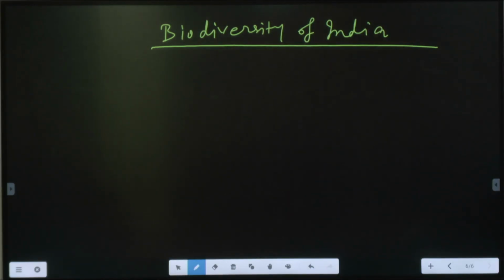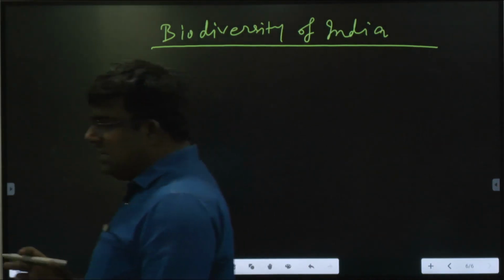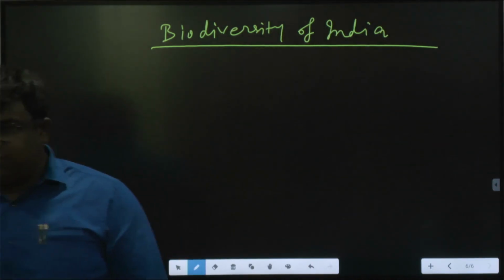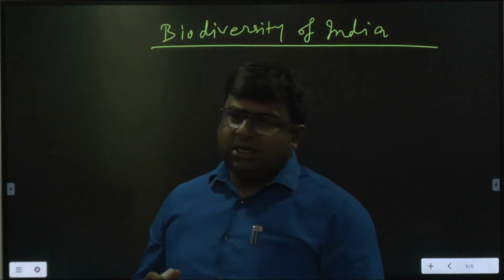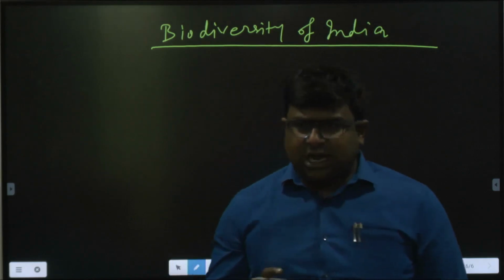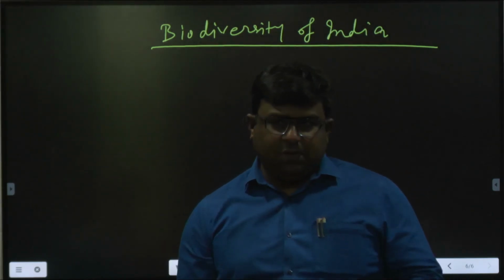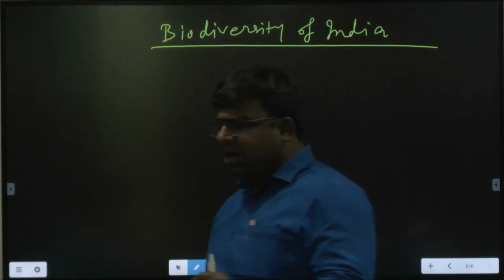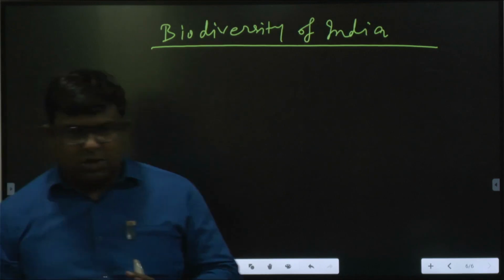So with this, we have finished the very theoretical portion of this biodiversity dimension. As I said, it is a very precise content, and we need to talk about multiple defined dimensions under theoretical discussion of biodiversity.